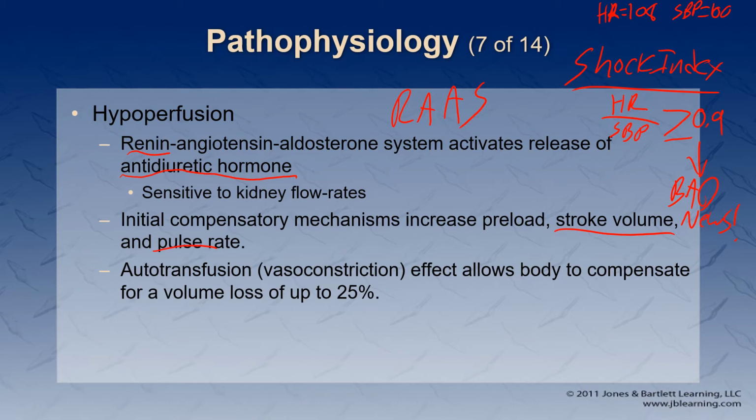If you were to lose 25% of your blood volume instantaneously, your periphery would clamp down, your arms would get real ashen and cold and numb, but you would be able to survive that because all of your vital organs are going to remain adequately perfused due to this concept of auto transfusion brought on by vasoconstriction.